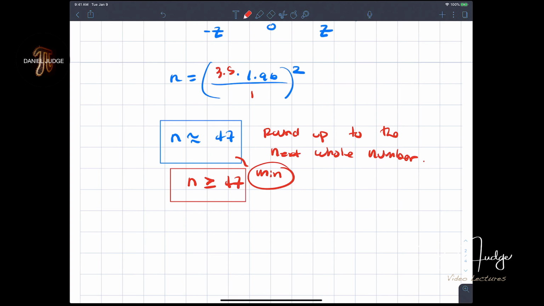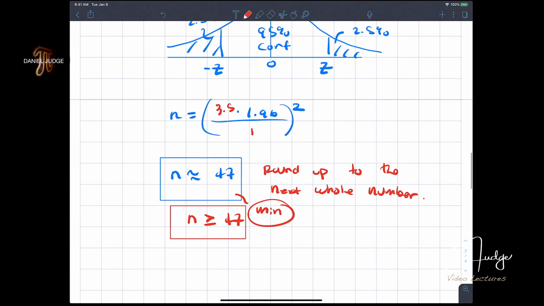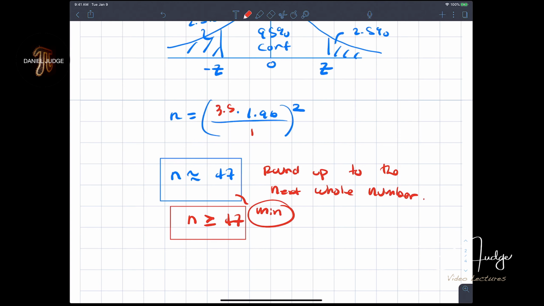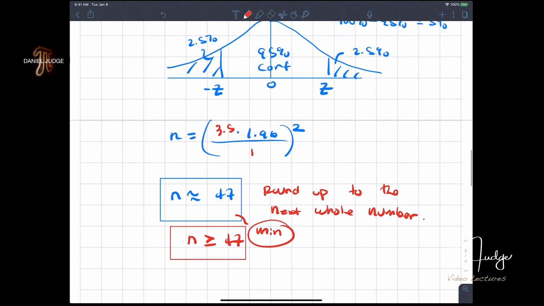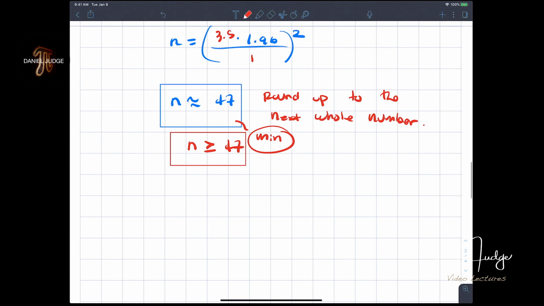And if you get 47 data values and you're working with a 95% confidence level, this is how you start your estimation process. Then you can say, okay, I'm going to go out, randomly select 47 people. I can do 48. I can do 49. I can't do 46. At a minimum, I need 47 people. And that's going to give me an answer within a margin of error of plus or minus 1 people.